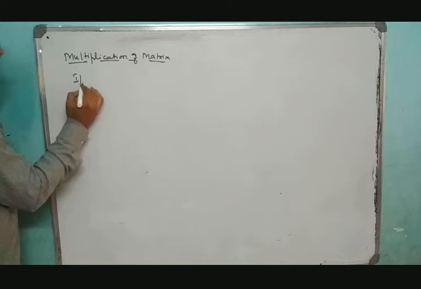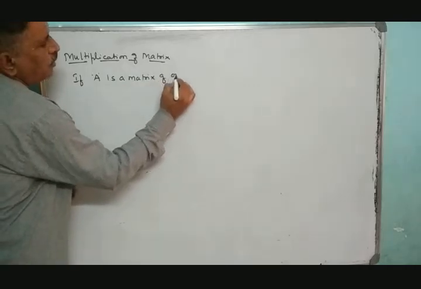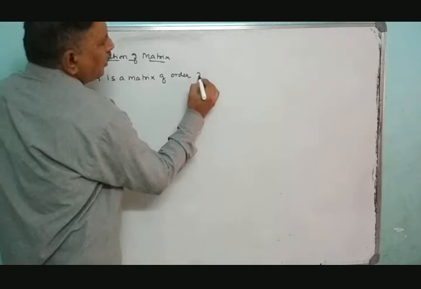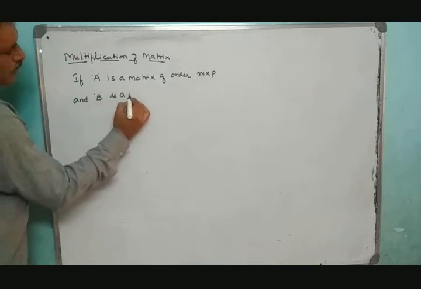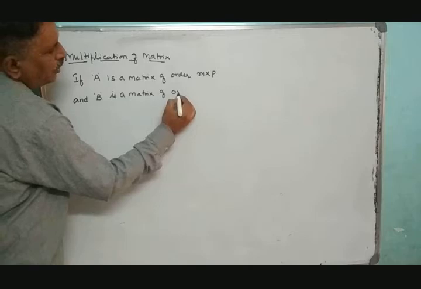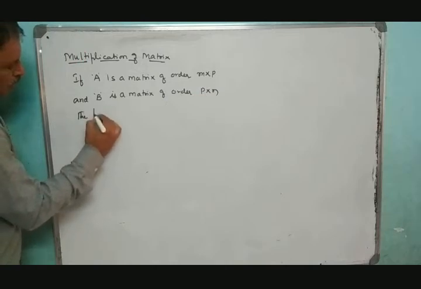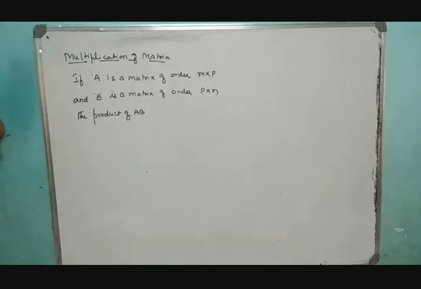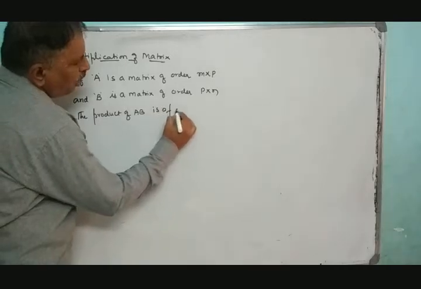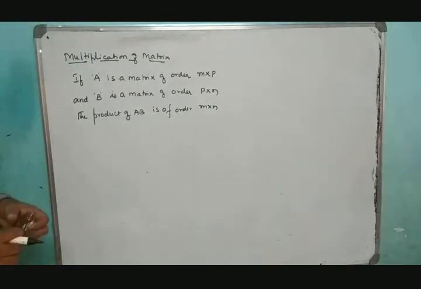Suppose A is a matrix of order M cross P and B is a matrix of order P cross N, then the product AB is of order M cross N. So this is the definition of the multiplication of matrix.